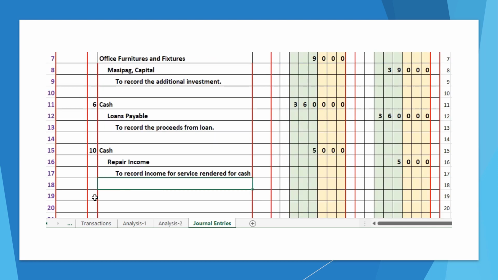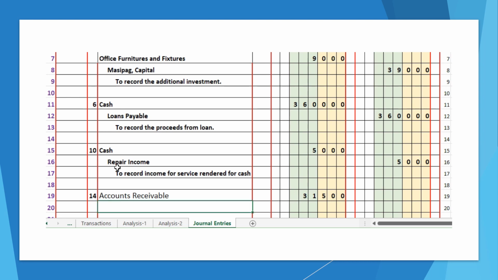Okay? So, 14. We have accounts receivable for 31,500.